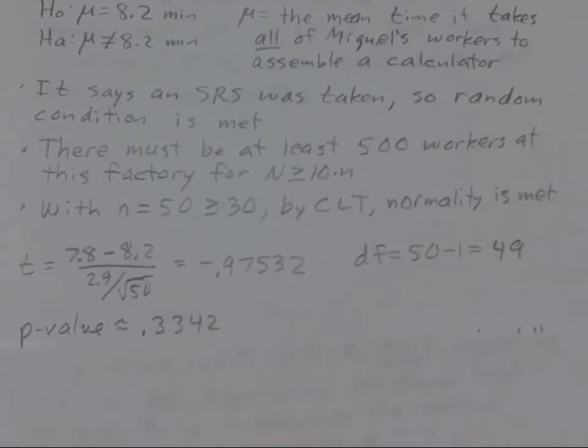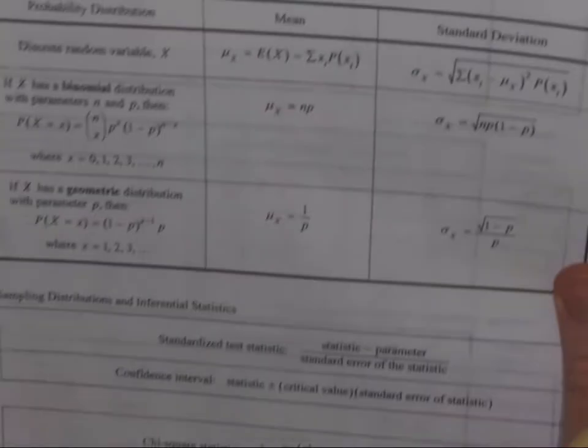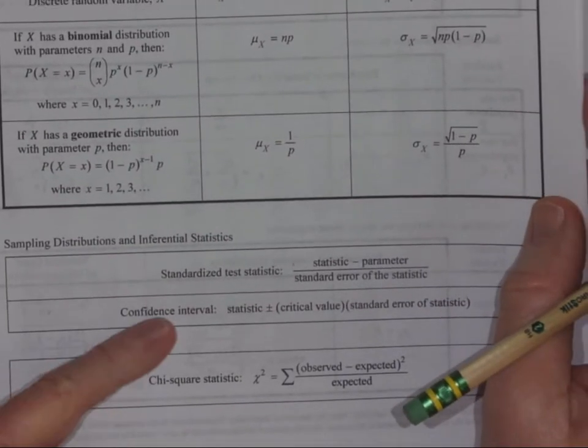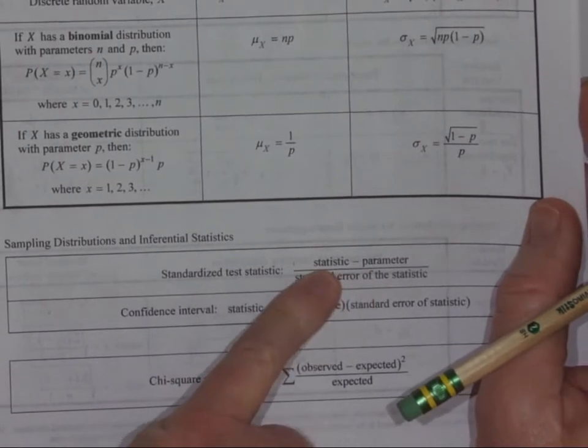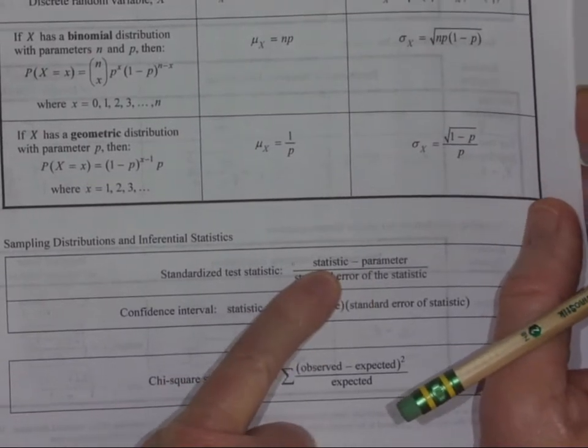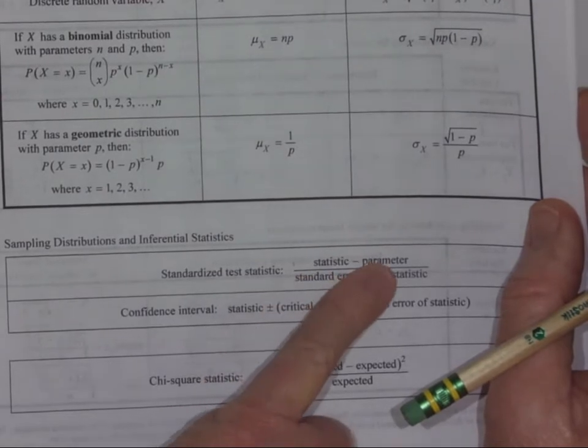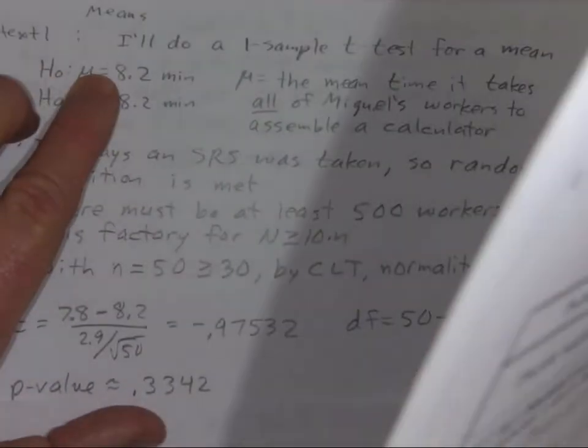Now, having said that, if you're asked to show your work on the formula, which could happen, remember the formula on your formula sheet for a test statistic is at the bottom of page 1: standardized test statistic is statistic minus parameter over standard error. Our statistic here is our x bar. Our parameter is our hypothesized parameter, which is our 8.2.